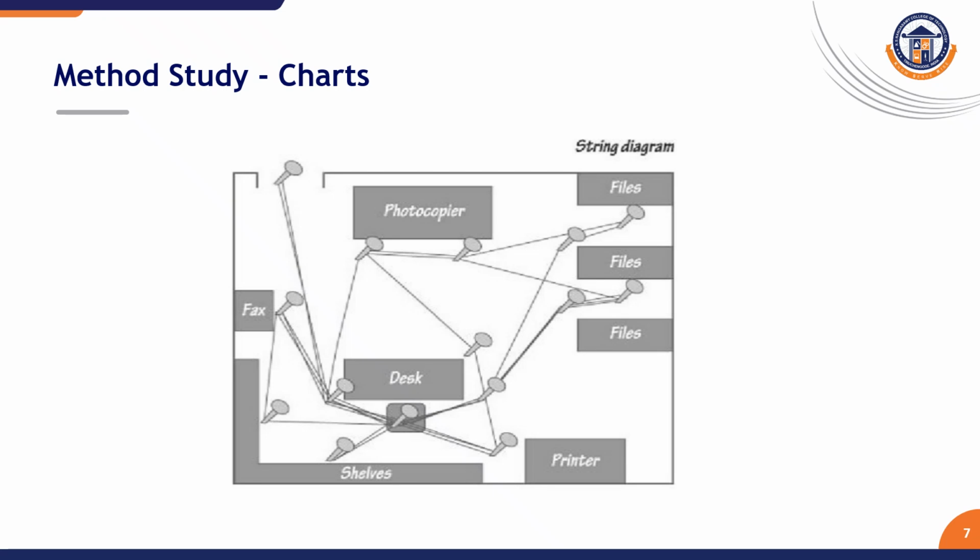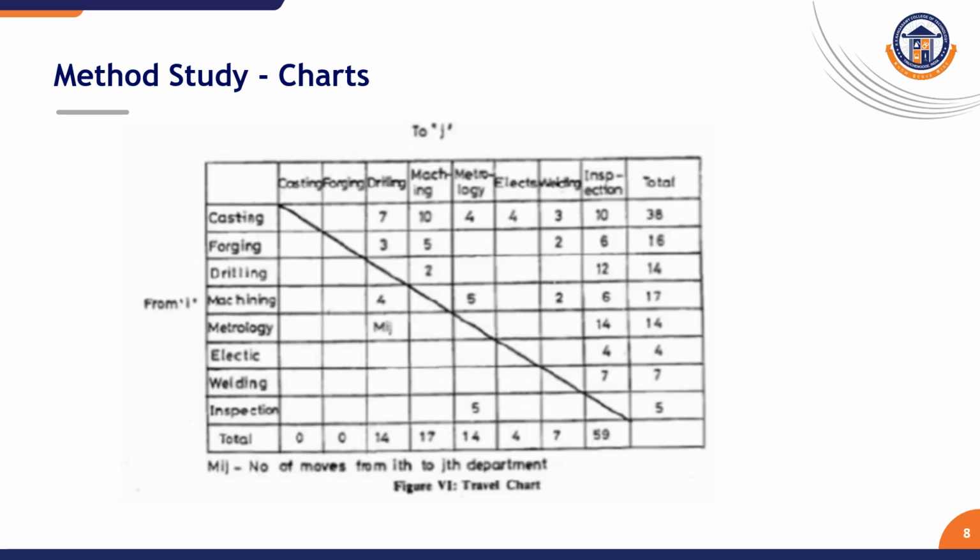Every time he goes, put a string. They make this study for 8 hours. You will be surprised to know you travel 50, 60 times between two stations in 8 hours, and some stations 10 times. So they make him understand that he is moving unnecessarily. And finally, they come to a chart and say, this is how you have to do it.